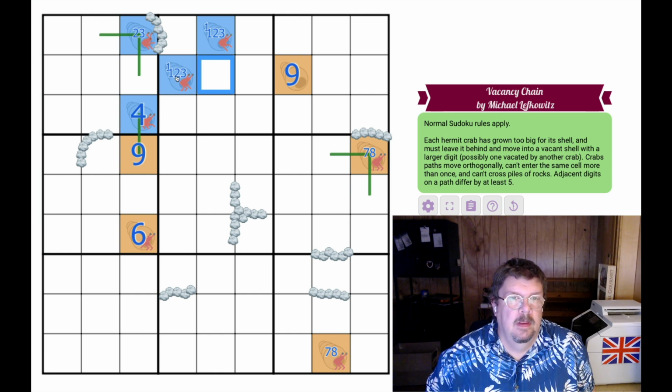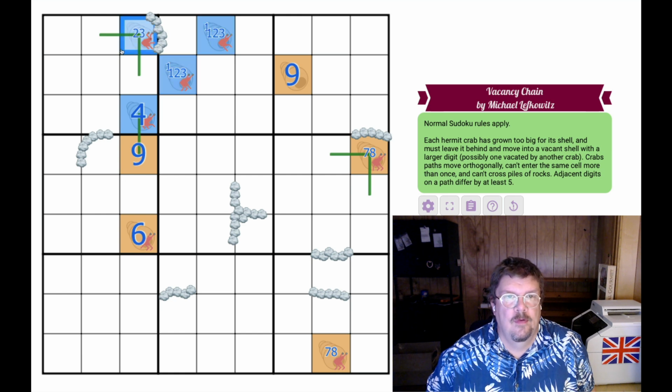Okay, so one of these two ultimately has to connect to this one before, right, one of these two is a 1. At some point, it has to connect to this one and then connect to this one.